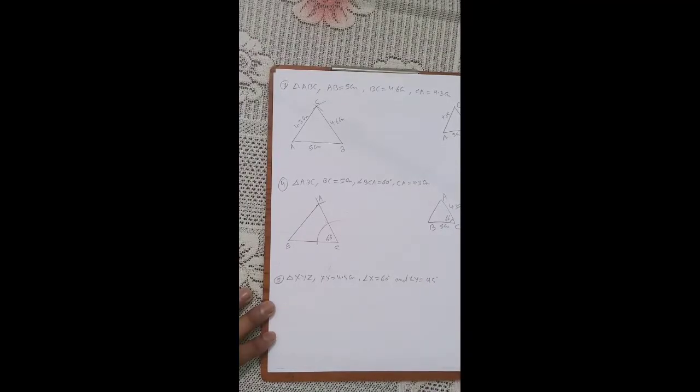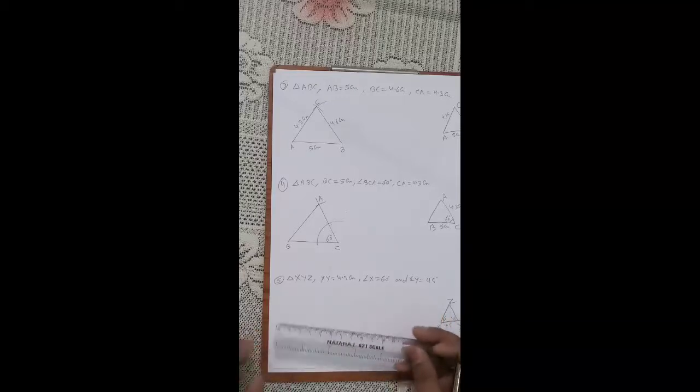So see children, how to draw this triangle. Again, before construction we will draw a rough diagram. XY line segment is given, so I am putting XY here and this is vertex Z. XY is 4.5, angle X we have to draw 60 degree and angle Y we have to draw 45 degree. So see how to draw this triangle.